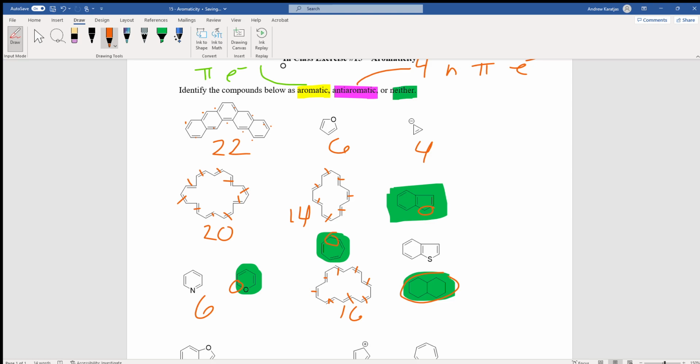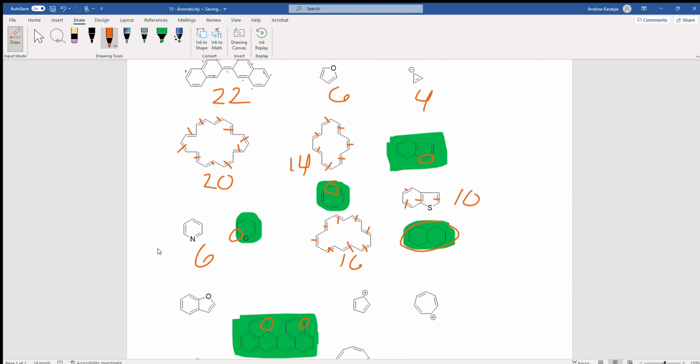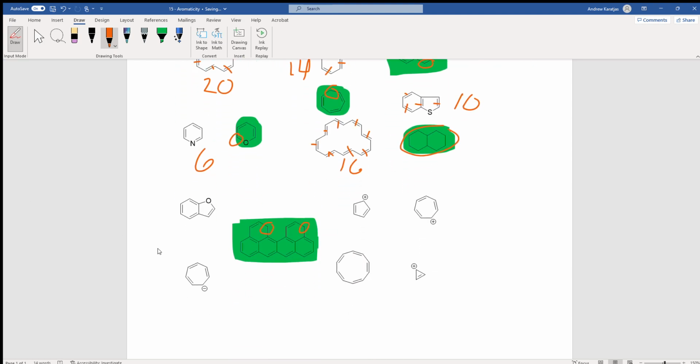The compound up here containing sulfur, 1, 2, 3, 4 pi bonds, plus the 2 electrons on sulfur give us 10. This compound here with the oxygen is exactly the same as the sulfur, so 10 here as well. Right below that, we have 3 pi bonds plus the negative charge, gives us 8.